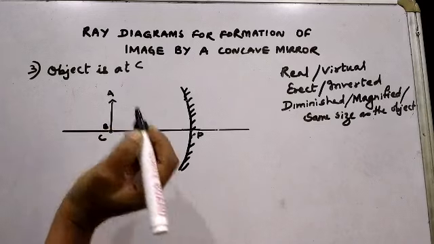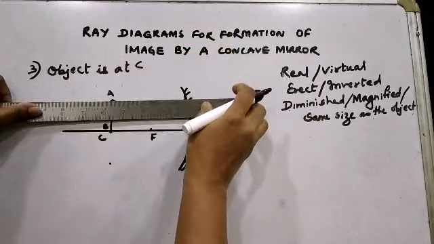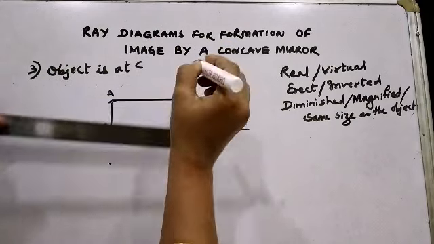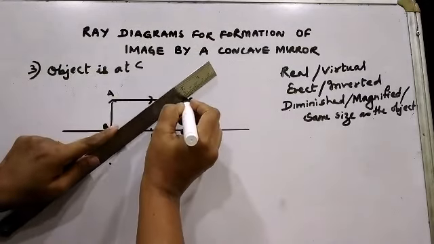This point is the center of curvature at which the object is kept. Now according to the first rule, the ray of light will be parallel to the principal axis and it will pass through the focus.